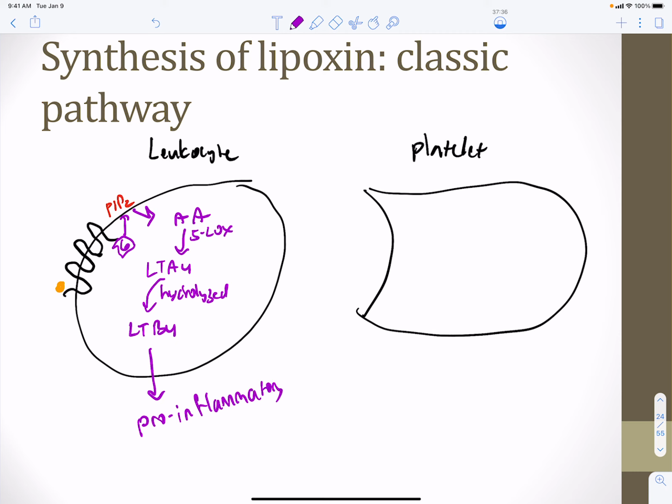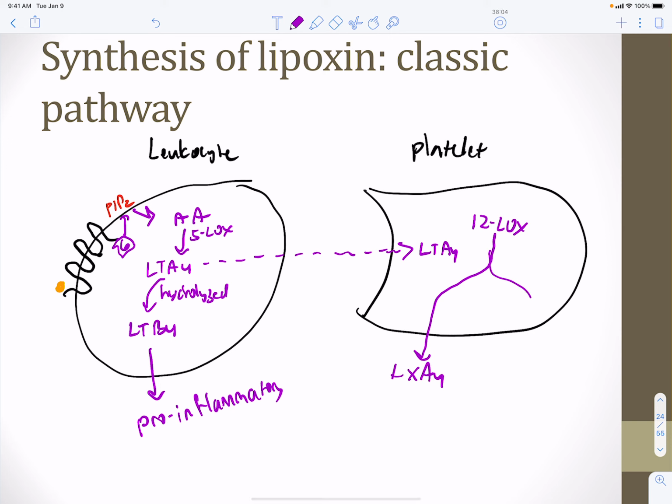Now, leukotriene A4 can also be transferred to your platelet. And leukotriene A4 in your platelet will be worked on by a 12 lipoxygenase. It could also be 15, but by a 12 lipoxygenase. And this can form lipoxin A4 or lipoxin B4.